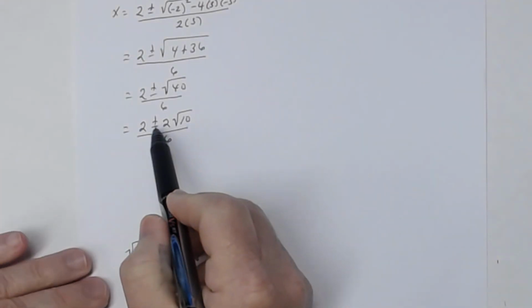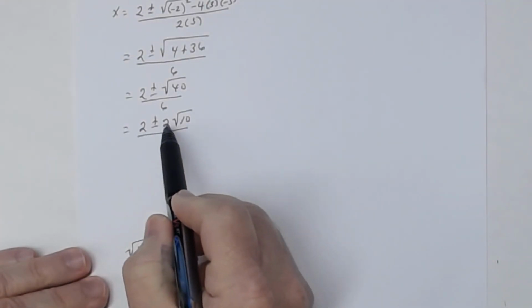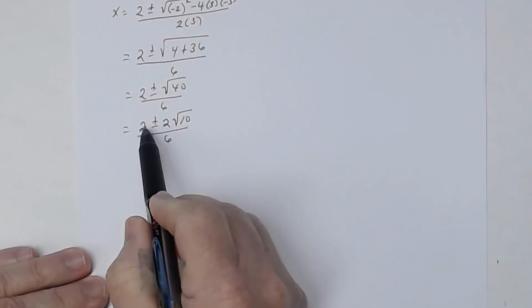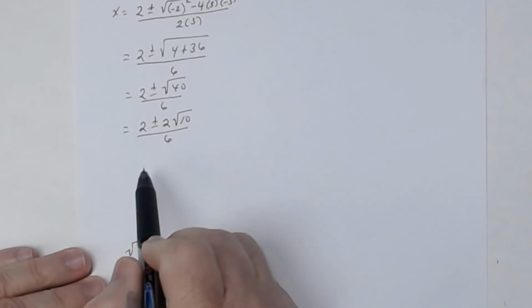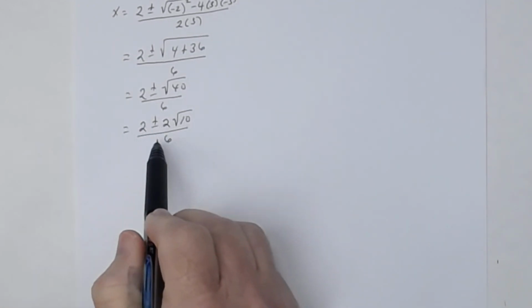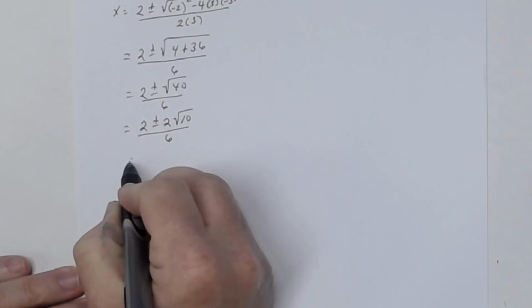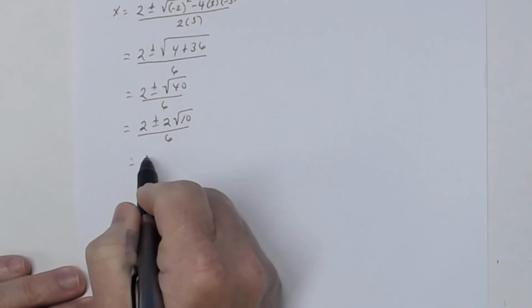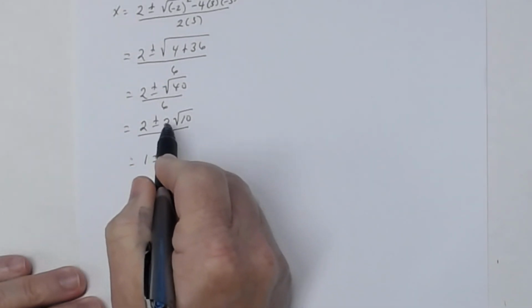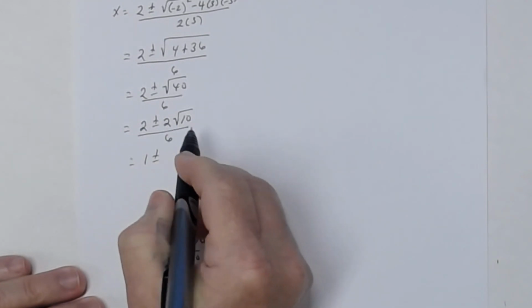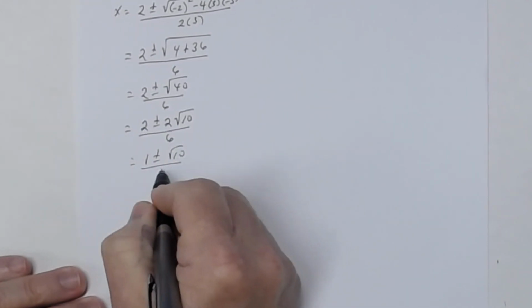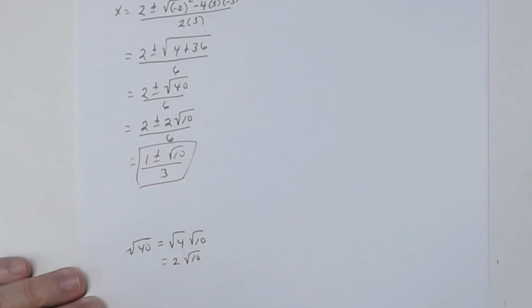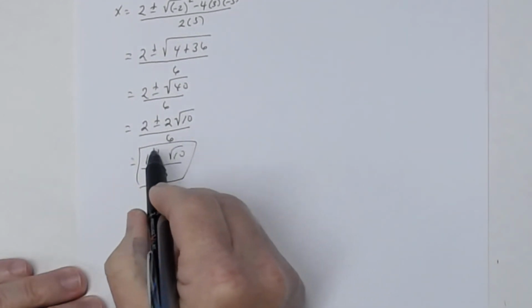But I can look at this 2, and this 2, and reduce all of these by 2, since they're divisible by 2. So this is going to be 2 divided by 2 is 1, plus or minus 2 divided by 2 is 1. 1 times square root of 10 is square root of 10 over 3. And so you'd leave your answer like this, or if you want to, you can write it out.